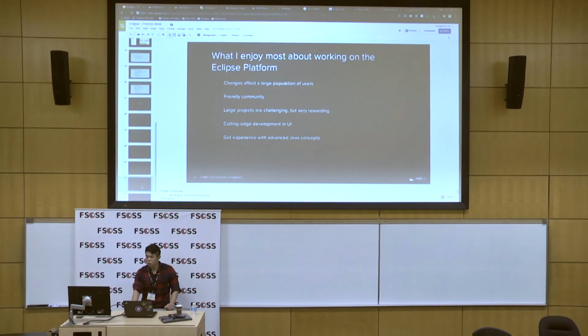Large projects are challenging because Eclipse is a very, very large code base, and there are so many parts to it that fixing enhancements or bugs sometimes takes a lot of time and effort, because you have to relearn everything and start at the very beginnings of how this bug even came about. There's a lot of stuff behind it and a lot of back-end stuff.